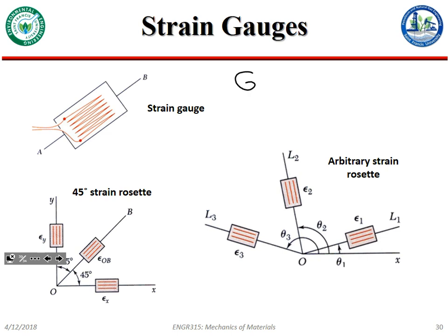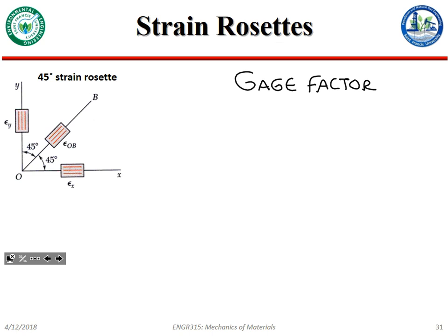And if you look at strain gauges, you'll see some sort of gauge factor quoted, which is the quotient of how the resistance of the gauge changes in response to a change in strain.